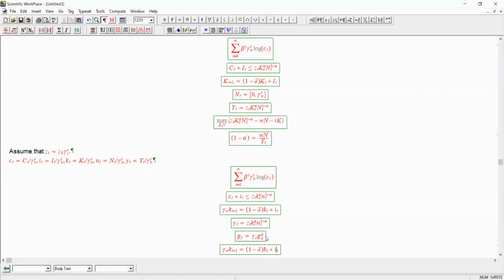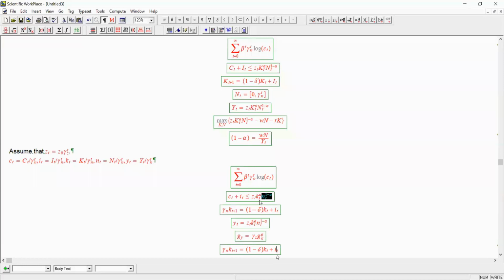Next, since output grows by a constant factor over time, g_y, in equilibrium, both of these must as well grow by the same factor. Why? Well, if this grew by a different factor, if it was larger, then capital would be growing faster than output, and that wouldn't make sense because n is constant.